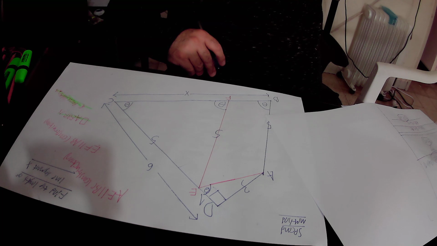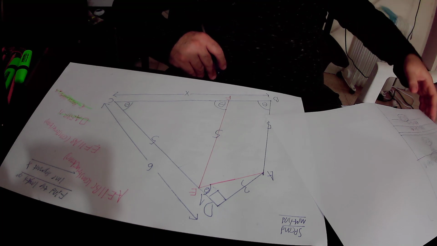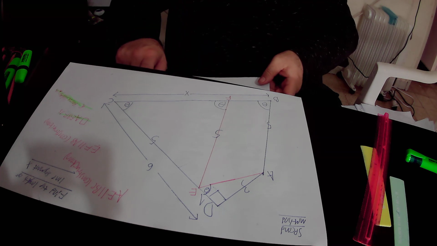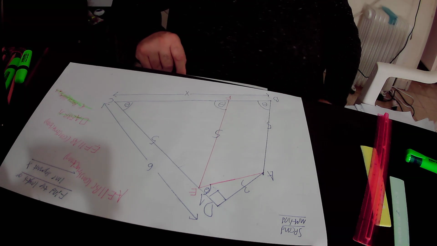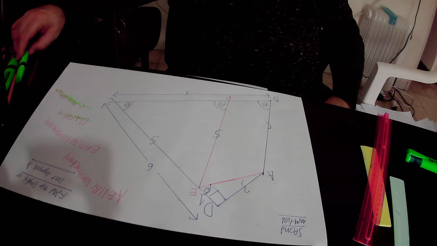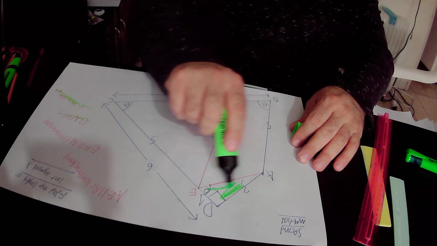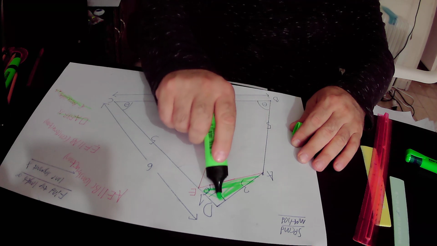So we'll focus on the right small triangle, triangle ADE. And in the right small green triangle, triangle ADE, we will implement the Pythagoras theorem.